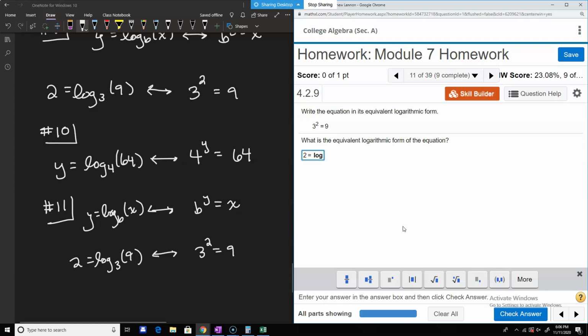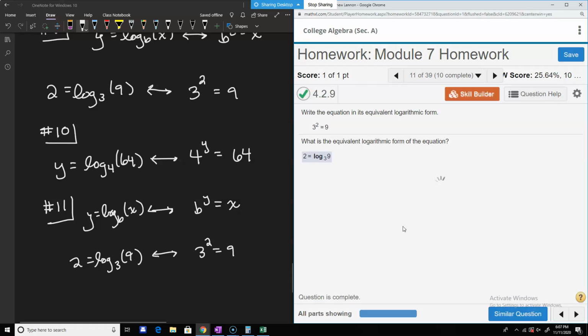So log base 3. And for log, you can just type log. And you don't really need the parentheses I put around the 9. I just like to have them there, but you can do it either way. Again, this one's going to be similar, so we'll pass over number 12 here. But you're just switching exactly like number 11.